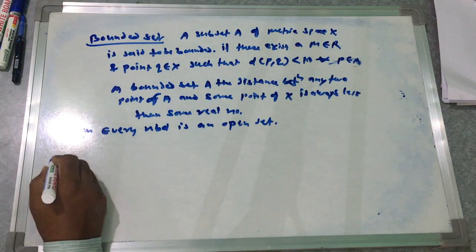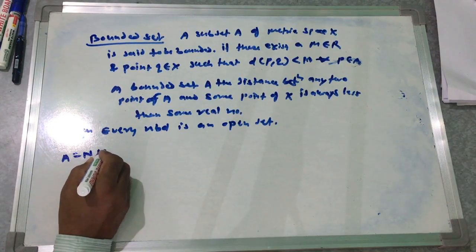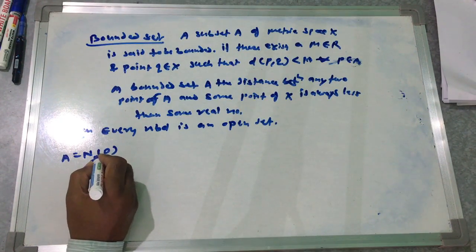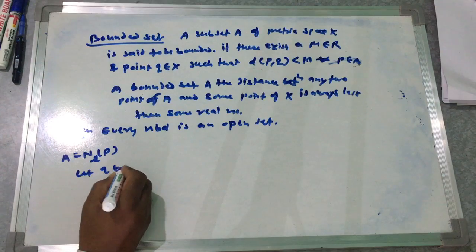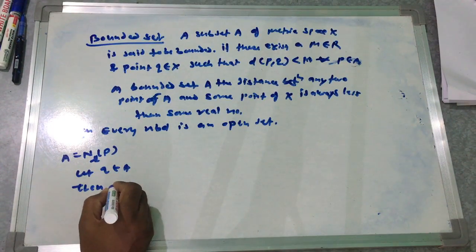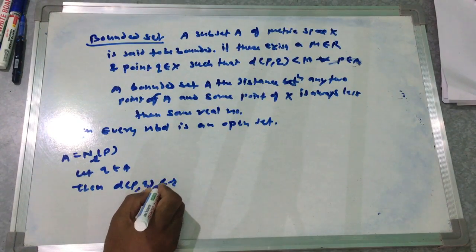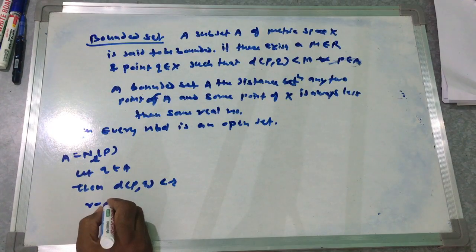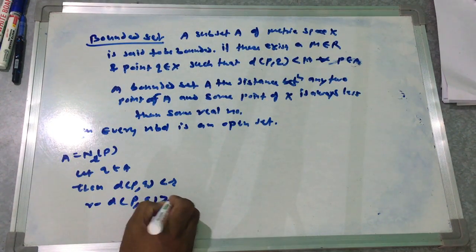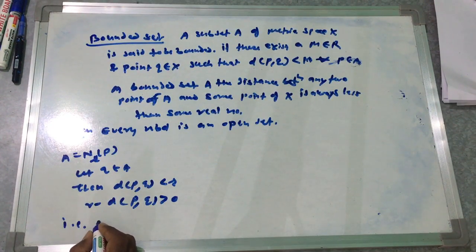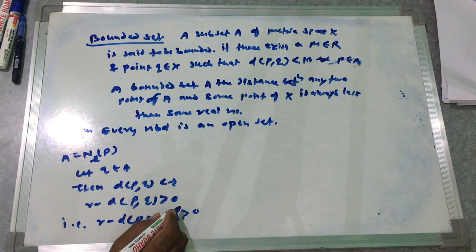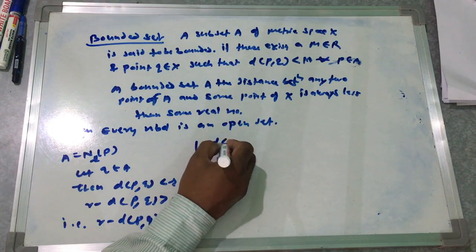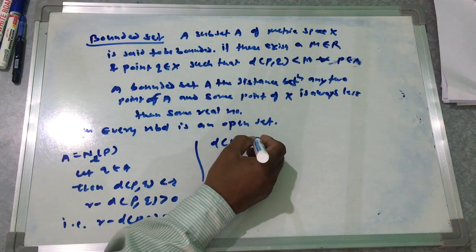Let A be equal to N_r(p), where p belongs to X, and let q belong to A. Then distance pq less than r, which means r minus distance pq is greater than 0, that is r minus distance pq is equal to h greater than 0, or distance pq is equal to r minus h.